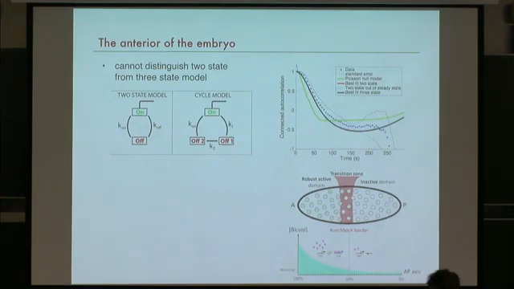Okay. So when we do that, we can go back and try to see what kind of model best describes what is going on in the fly, and we can start with the anterior of the embryo.